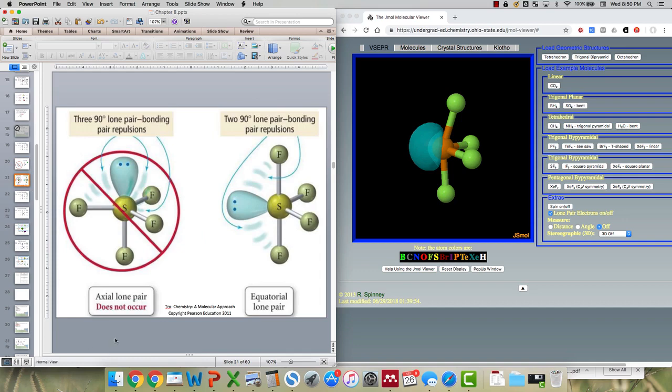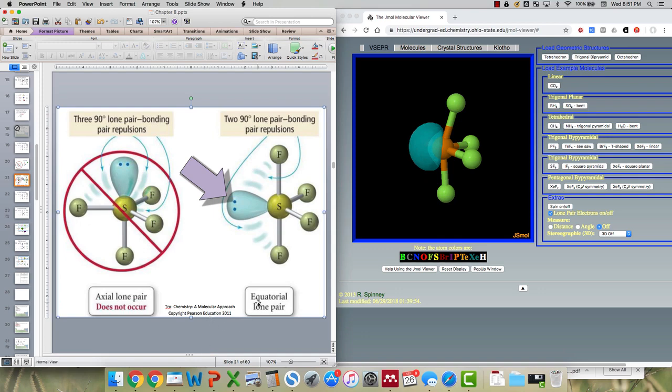In the axial case, if you put the lone pair in the axis here, then it has 3 lone pair bonding pair repulsions. So that means a stronger repulsion between the lone pair and these 3 fluorine atoms, well, there's 3 of them. Whereas if you put the lone pair here, then there are only 2 repulsions between this lone pair and atoms that are 90 degrees apart from them.